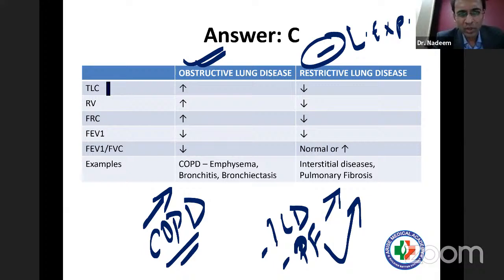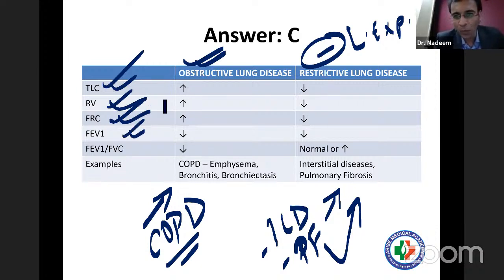Then the total lung capacity, residual volume, functional residual capacity, forced expiratory volume, all these are going to be decreased in a restrictive lung disease because lungs are not able to expand. I hope you know the meaning of residual volume, total lung capacity, functional residual capacity and all.